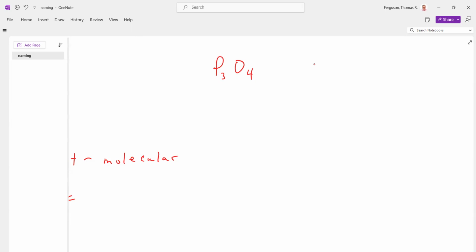Is that ionic or covalent? Well, is P a cation? It's an anion. So we have an anion, that means it's covalent or molecular.